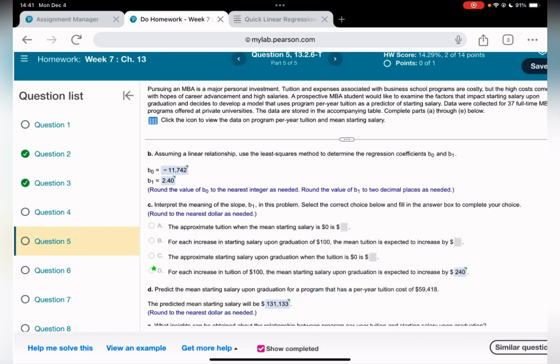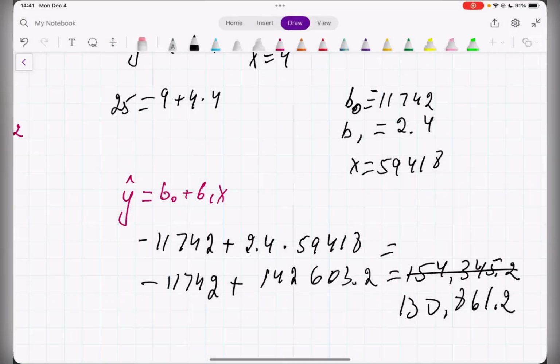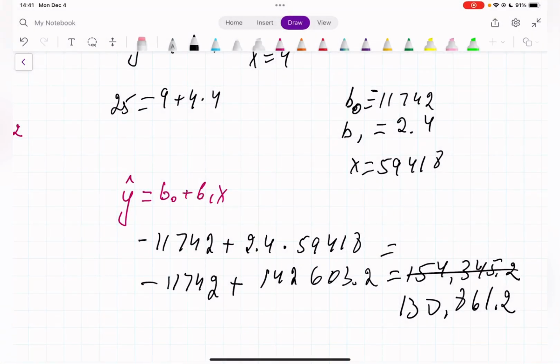Let's go over one more time. 2.4 times 59,418. I'm getting 142,603. Okay, and minus 11,742.